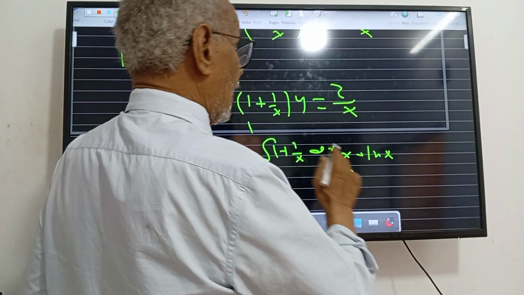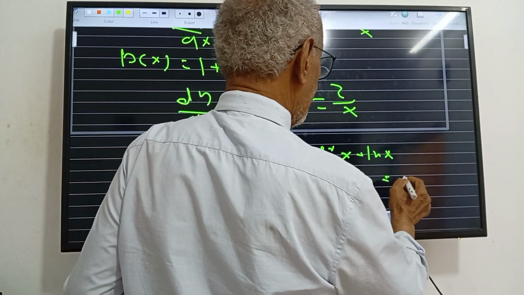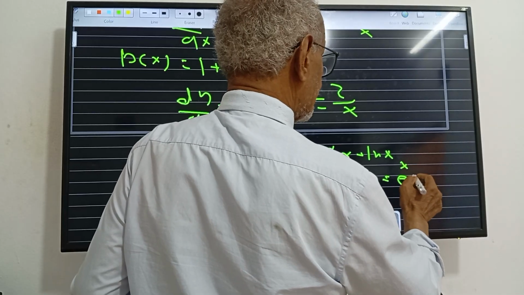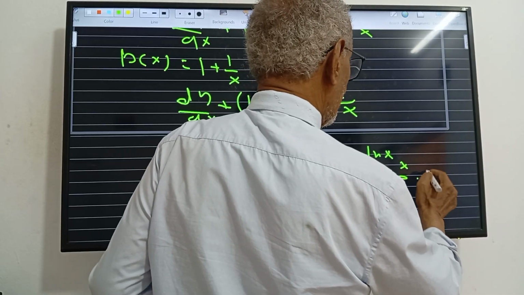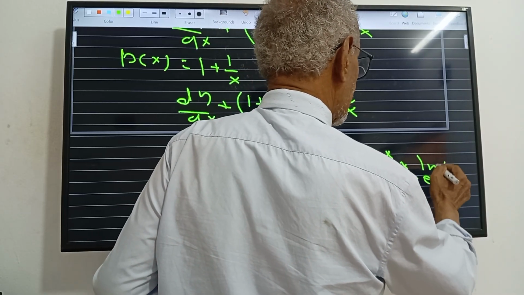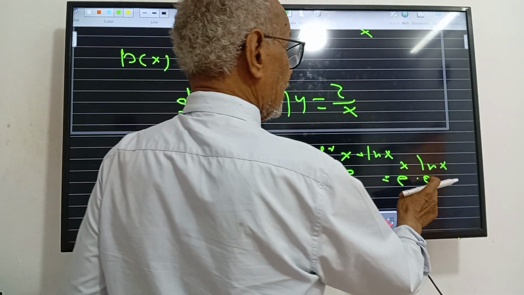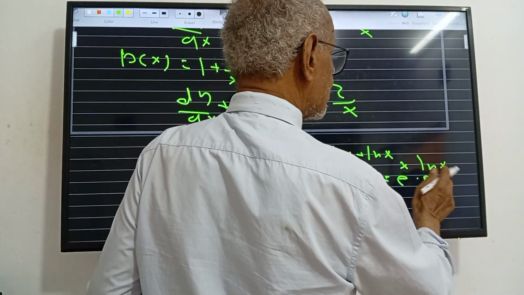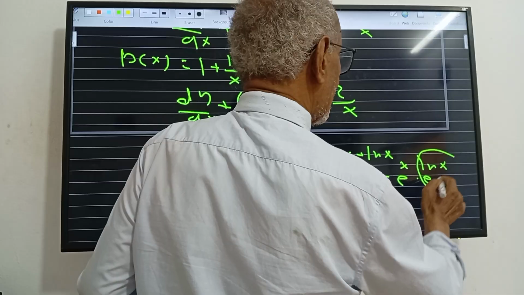This will be equal to e to the power x multiplied by e to the power ln x. And we know that e to the power ln of x should be replaced by x.